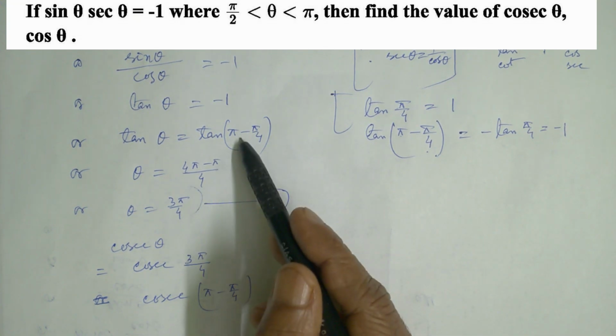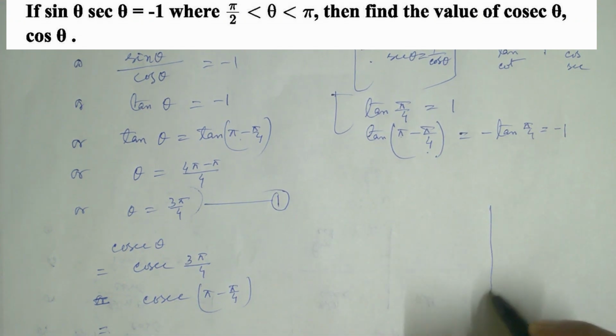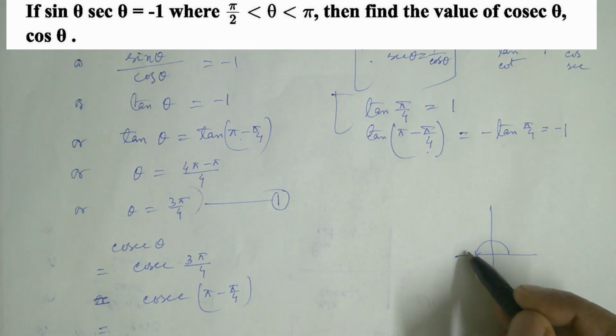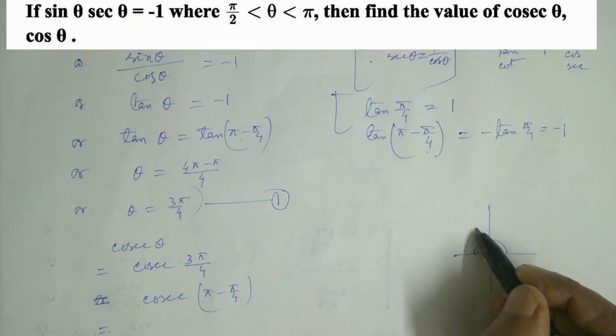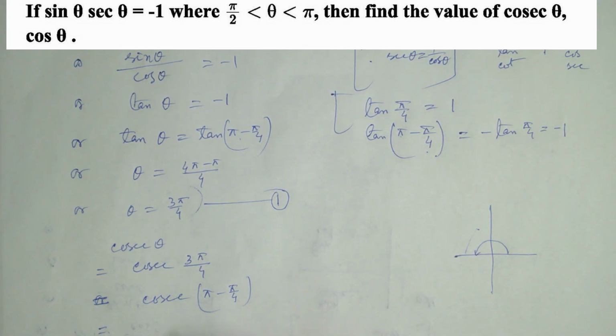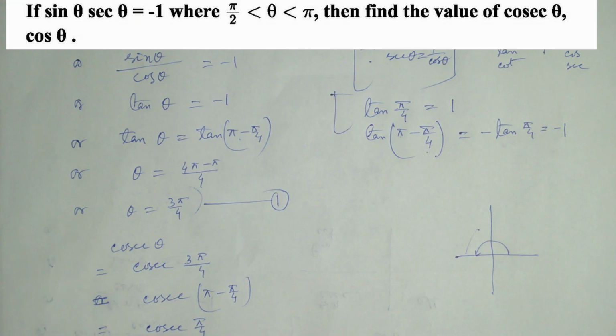See, here the angle pi minus pi by 4 is in the second quadrant. In the second quadrant sin and cosec are positive, so cosec will remain cosec pi by 4. Sin pi by 4 value is 1 by root 2, so cosec will be simply root 2.